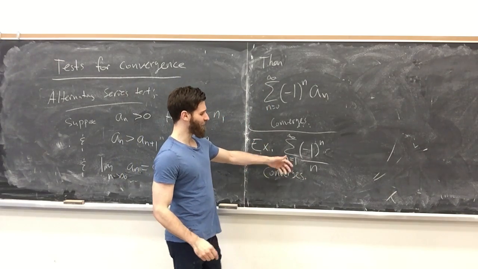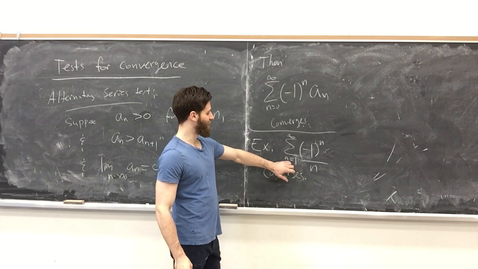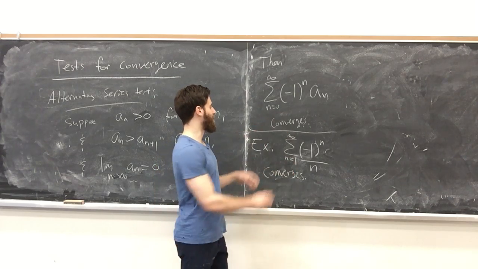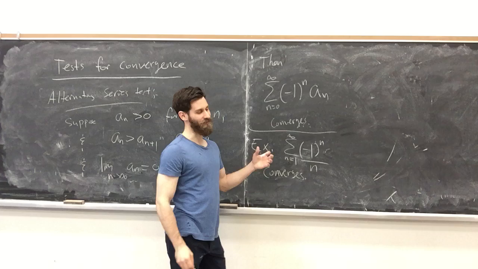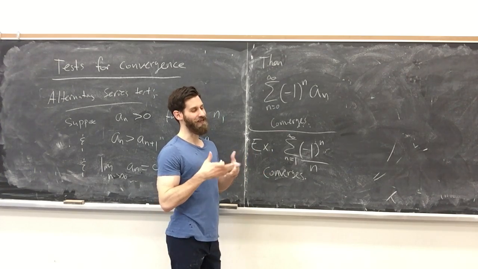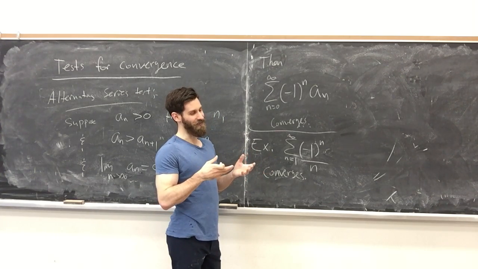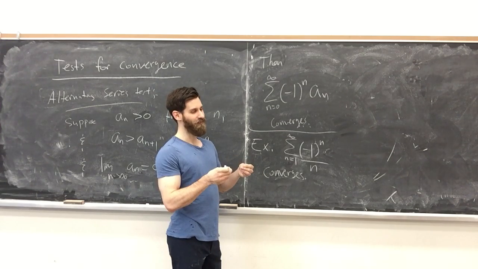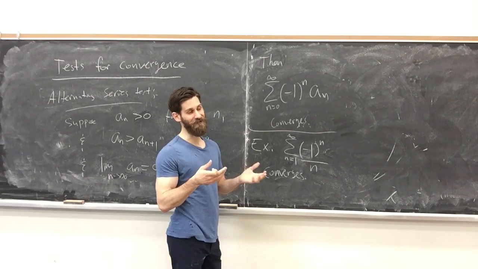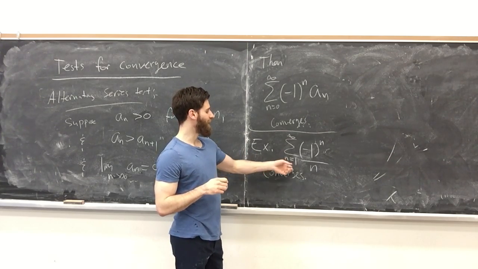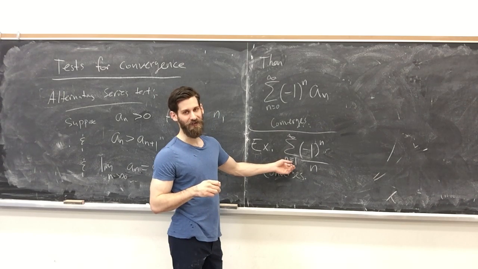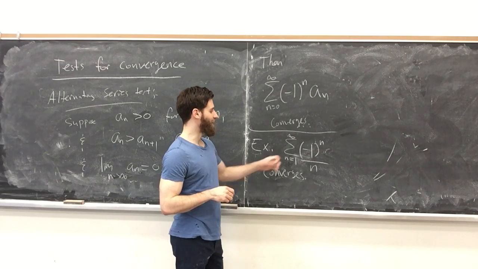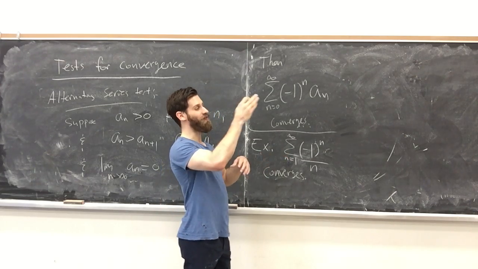Note that I'm not being strict about whether I start the index from 0 or 1. The point is that it doesn't matter what number you start at, because you could always change a finite number of terms in the sequence, and it doesn't affect convergence. It'll affect what the sum is if it converges, but not convergence itself. So I can start at 10, 100, a million, a billion, it doesn't matter. All that matters is that I go to infinity.